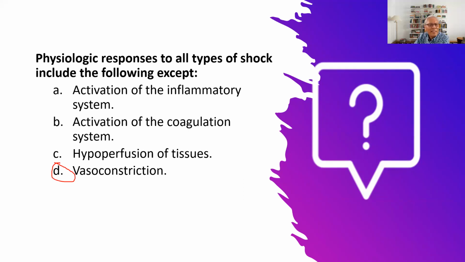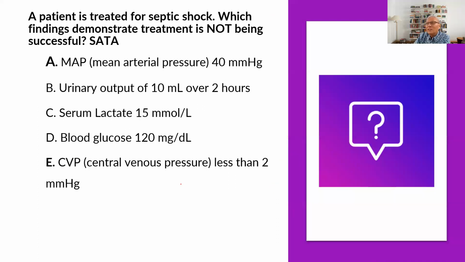So letter D is the correct response, because of the word except. Remember that in shock, there is going to be vasodilation, and that is the reason why you have hypotension.